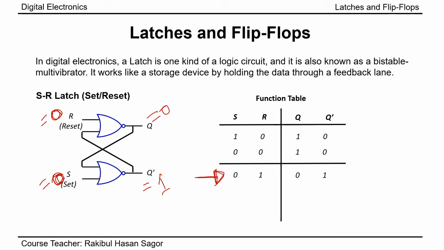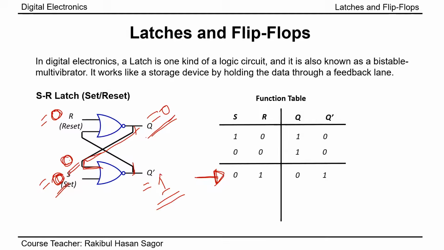So let's start with q. Q is equal to 0. This 0 will appear at the input side of the lower NOR gate. So here we'll get 0. Both zeros, this 0 and this 0, will give me an output q prime equal to 1. So we see the value of q prime remains unchanged.